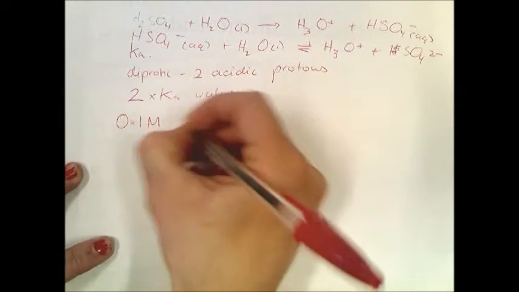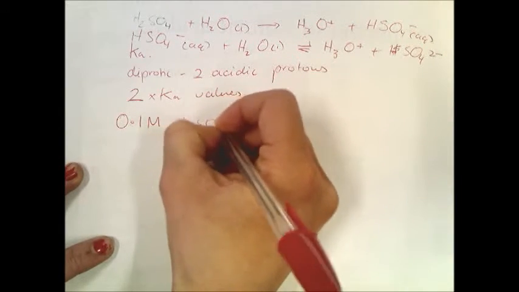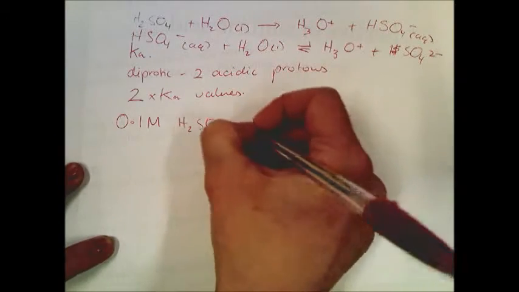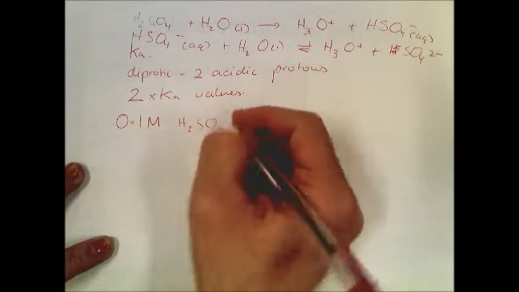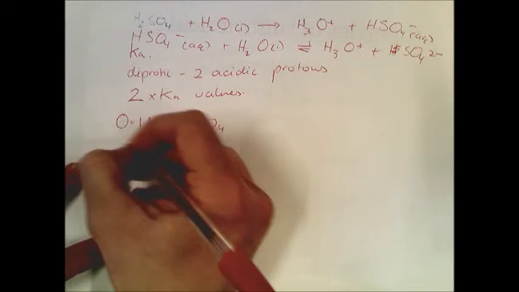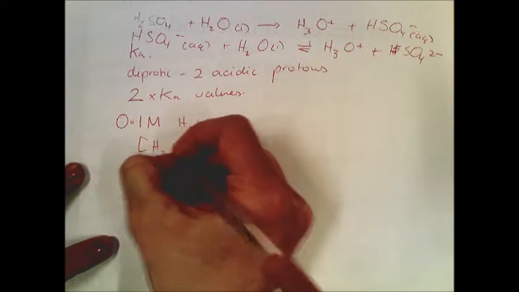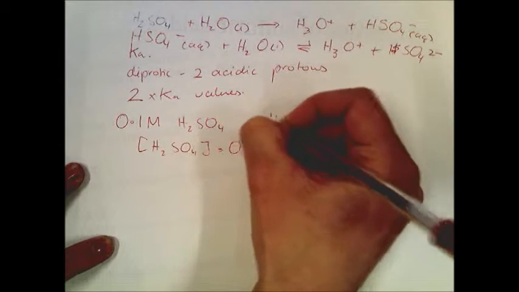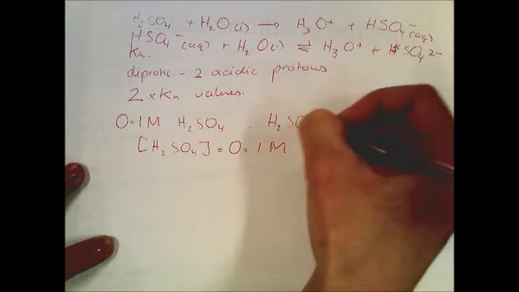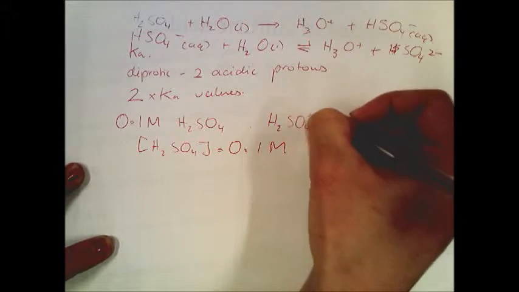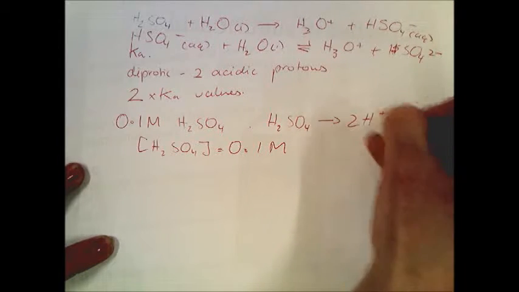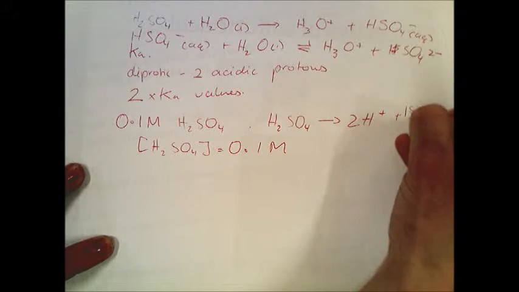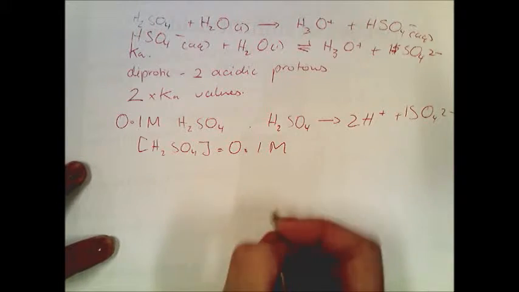Now if we have 0.1 M H2SO4, we actually expect a particular pH, because if our concentration of H2SO4 equals 0.1 M, and we know H2SO4 breaks down into 2 H's and 1 SO4, then the mole ratio is 2 to 1.